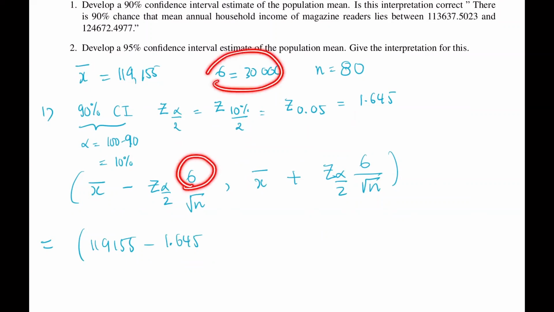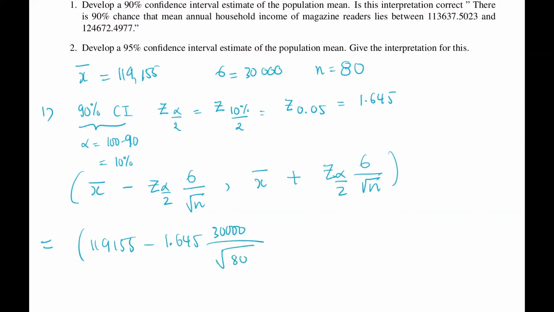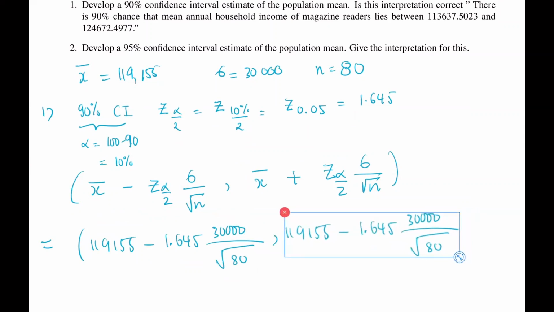Population standard deviation is just 30,000. And the square root of n here is 80. Then I do the same thing for what is on the right, this one, but with plus. Yep, this one is just pure substitution. It does not involve any thinking at this point.